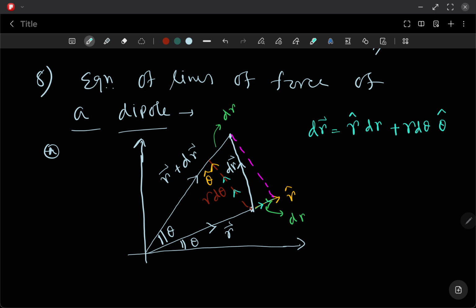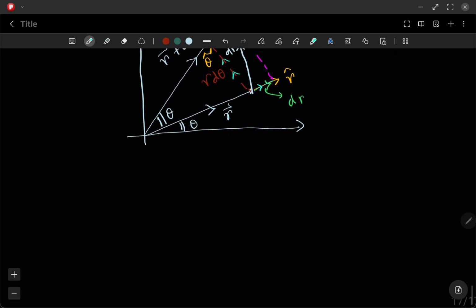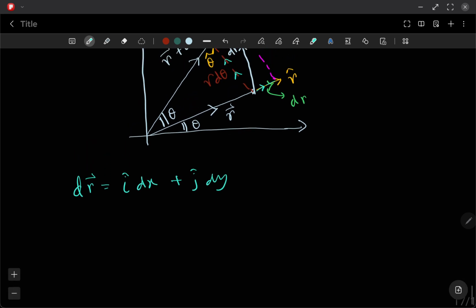Now we have to discuss one analogy. Previously we know dr was i hat dx plus j hat dy, a very familiar relation.